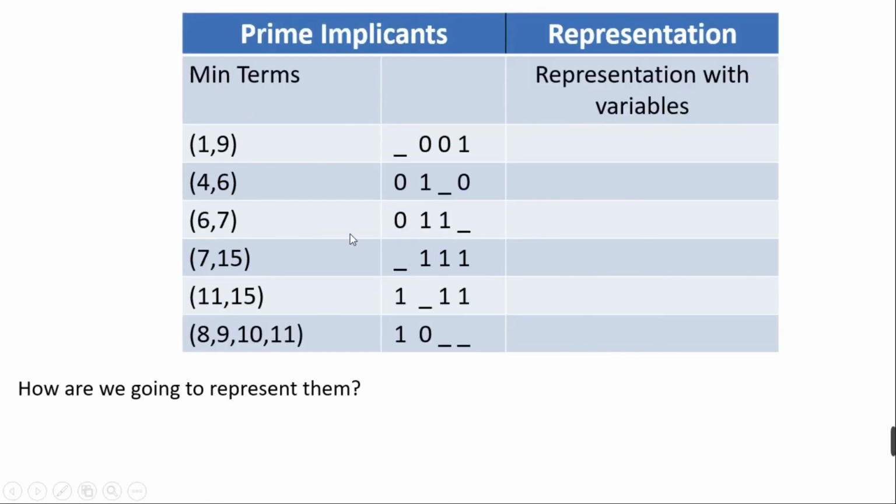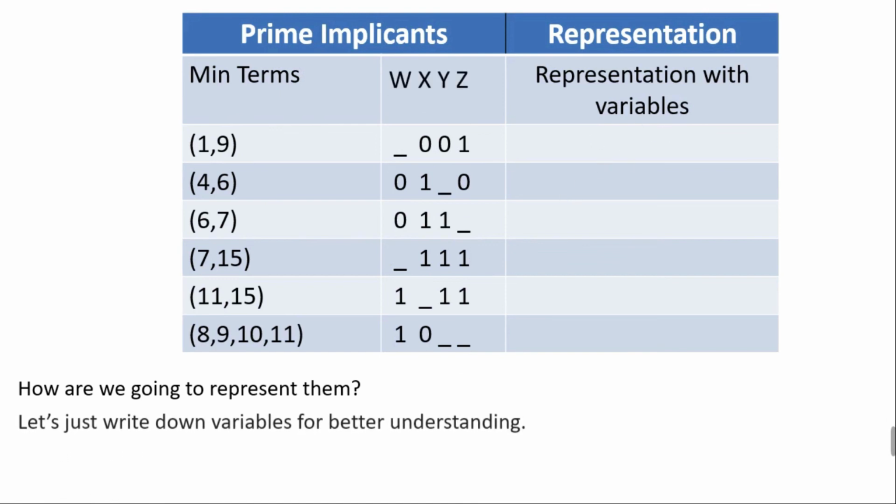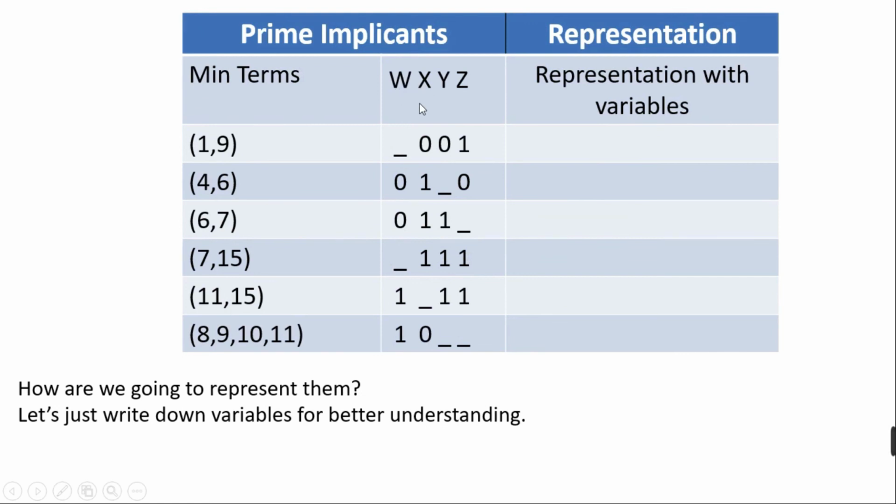So these are the main terms and these are the binary numbers, and we're going to represent them using variables. For our convenience, let's write the variables w, x, y, z over there so that we can understand better. For the first one, the pair 1 9, which is -001, how can we represent that?